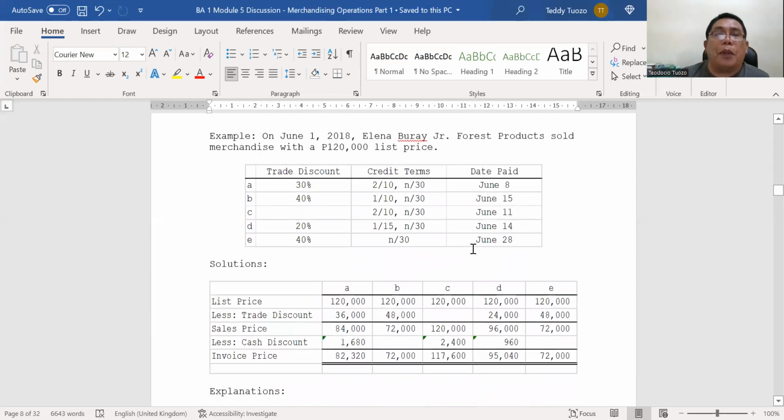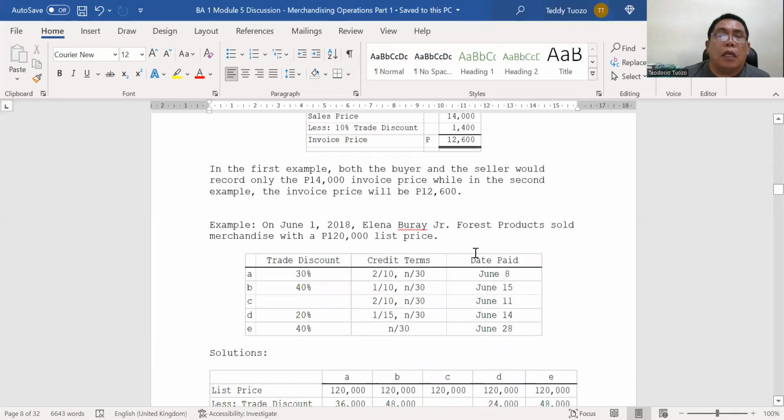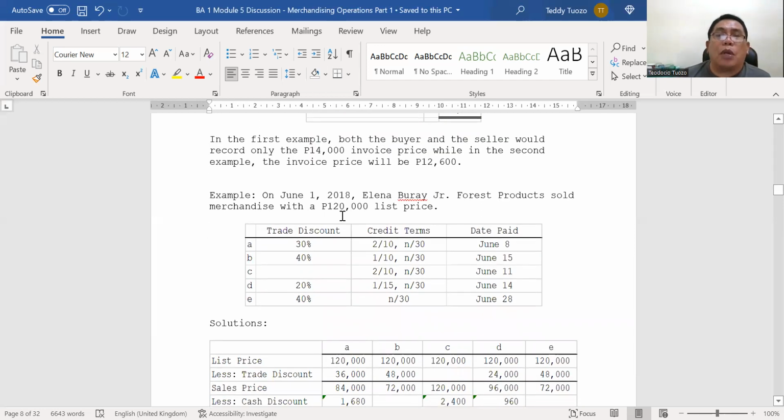Okay, so here are examples of problems involving cash discounts and trade discounts. For example, on June 1, Elena Buray Jr. Forest Products sold merchandise with a 120,000 list price.